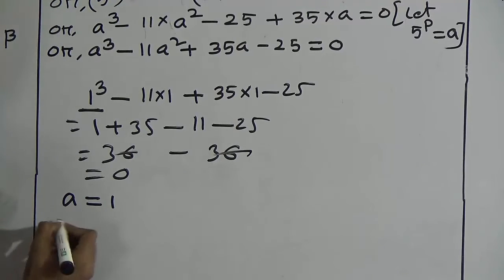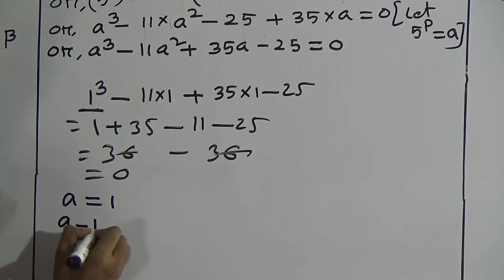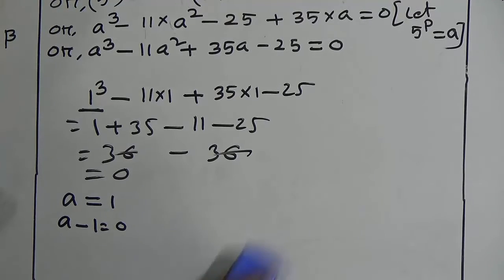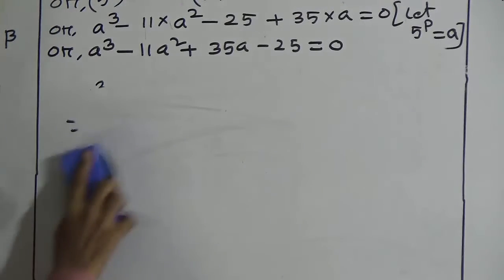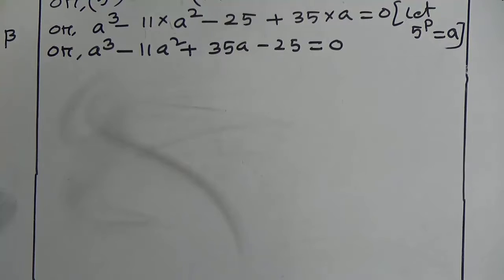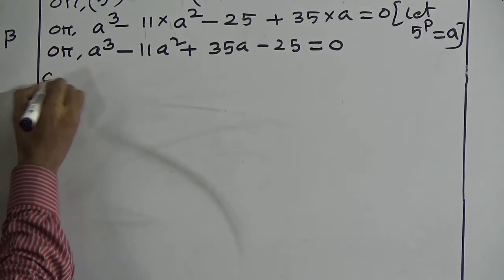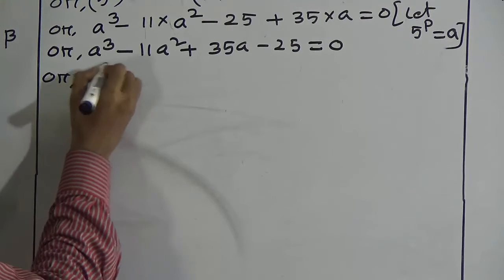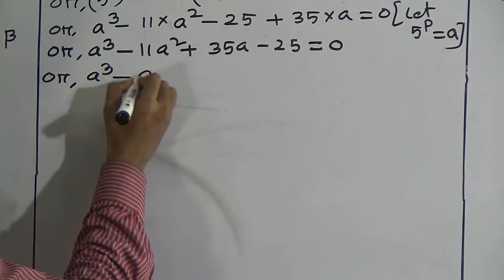Then a minus 1 will be its common factor. Okay? A minus 1 will be its common factor. A minus 1. Look, or is equal to what? A cube minus a square.